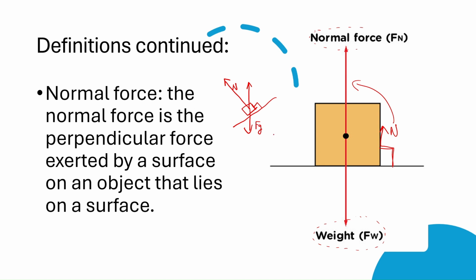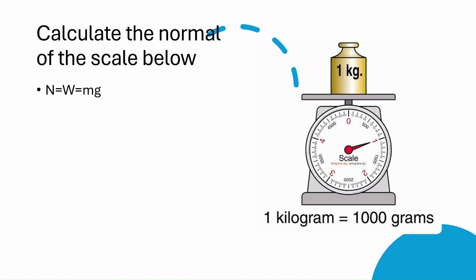Right, let's move down. Okay, so here we have another example. It says calculate the normal of the scale below, or the weight on the scale below. So here we have a weight, and they want to know what is the normal force. Well, in this circumstance, the normal force will equal the weight.